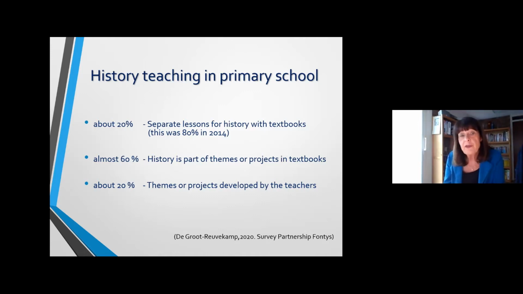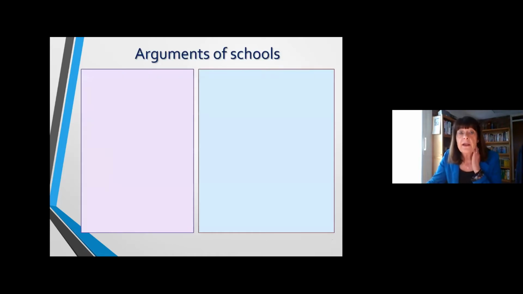And in my survey, 60% did it with textbooks, so very textbook orientated, and 20% of the teachers responded that they developed these themes or projects themselves. And they also gave arguments why they work with separate subjects or with integrated education.